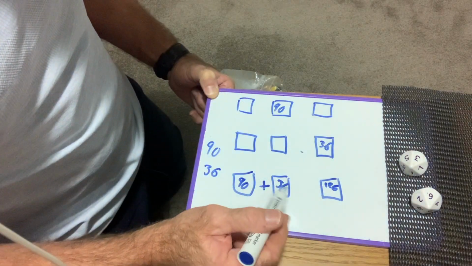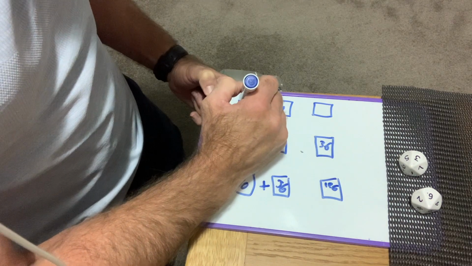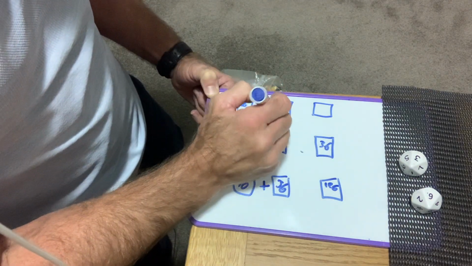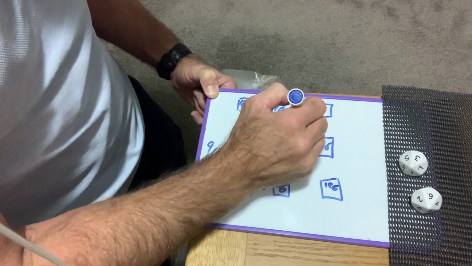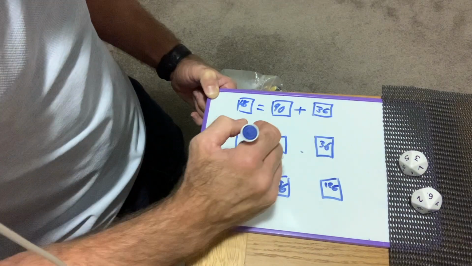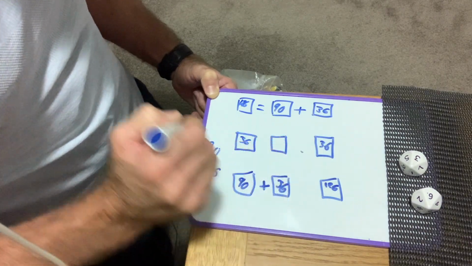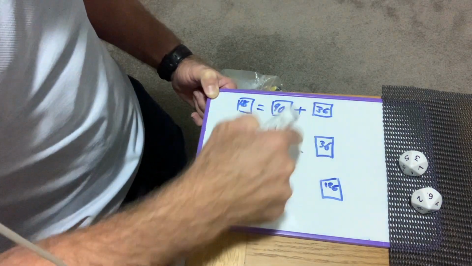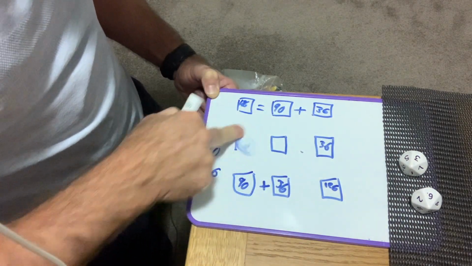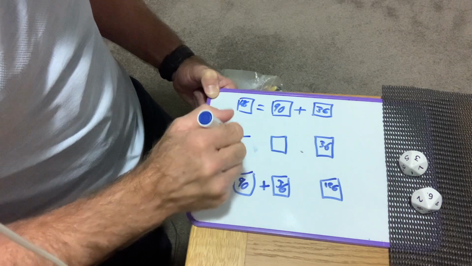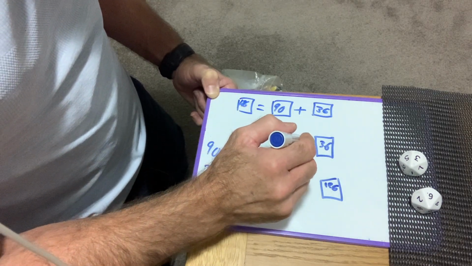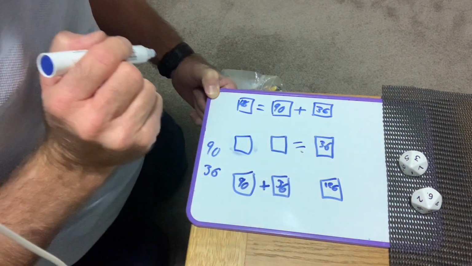I could put the numbers anywhere. What if I put the 126 here? 126 equals 90 plus 36. What if I put the 36 here? Oh, it's already there. Sorry, I can't do that. That's a bad example. What if I put that? Can that work?